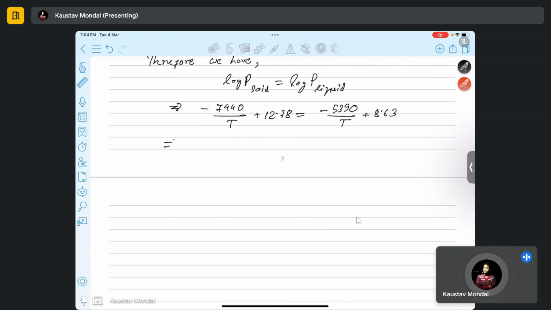This gives you 7440 by T minus 5390 by T equal to 12.78 minus 8.63.